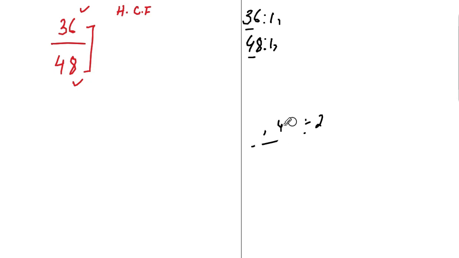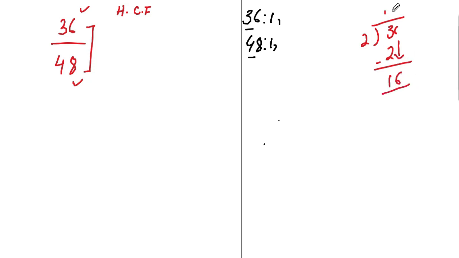So 36 divided by 2: 2 times 1 is 2, you have 1, and then with 6 you get 16. 2 times 8 is 16, so you are left with no remainder. It means 2 times 18 gives you 36.